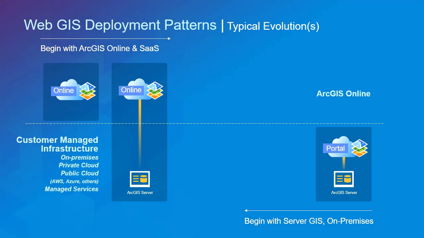This is a pattern that we often see for organizations that, for whatever reason, can't or are barred from taking advantage of the open internet. This is the disconnected scenario. Maybe there are policies internal to the organization that prevent it. Maybe there are regulations. You're dealing with types of data that just isn't allowed to go outside your own firewall. There can be lots of reasons to go for that pattern, and we support it, and we support it well.